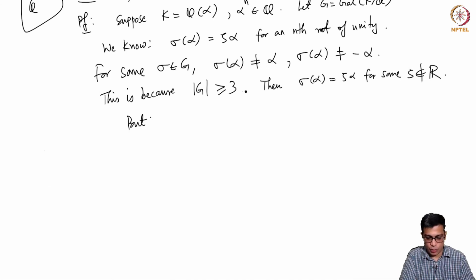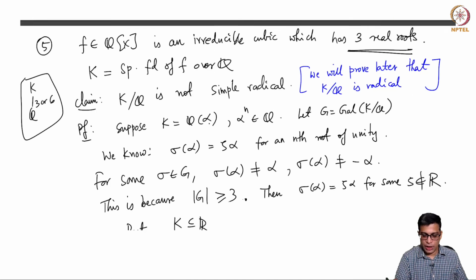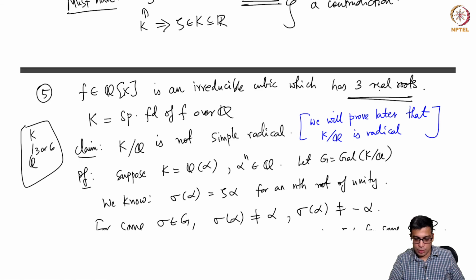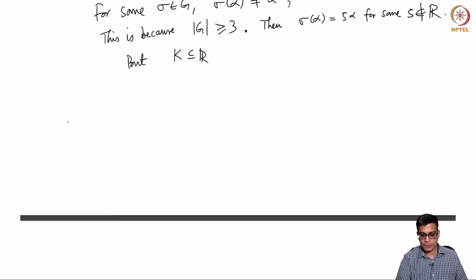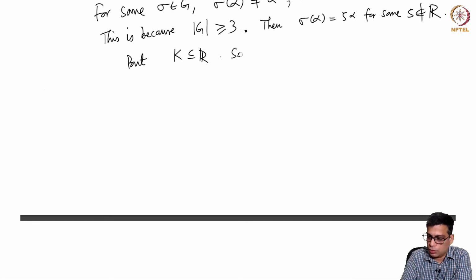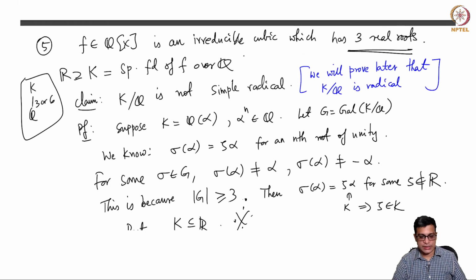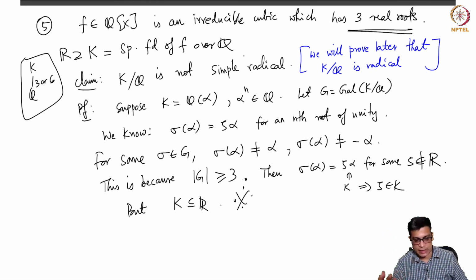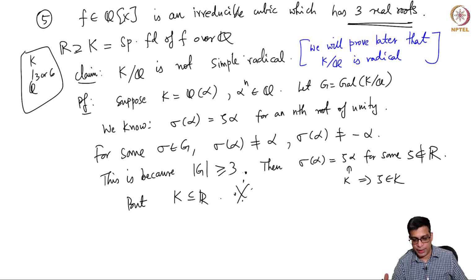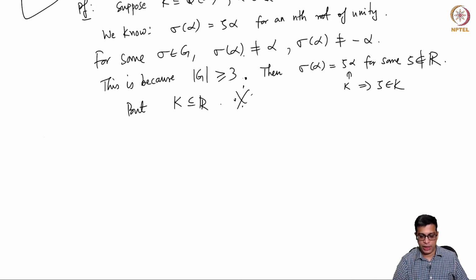But again, as before, by our hypothesis that the polynomial has 3 real roots, we know that K is contained in R. So this is a problem, because this is in K, this implies zeta is in K. Okay? So that is a contradiction. So this tells you that if you take an irreducible cubic with 3 real roots, its splitting field is not simple radical. It is, however, radical, as we will show later.